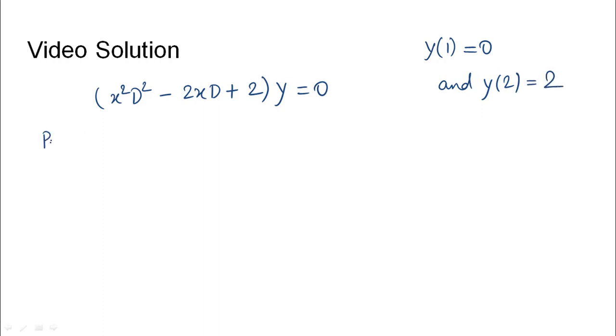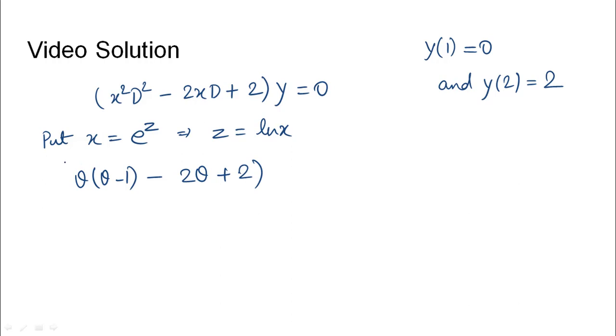So we use the substitution where we put x as e power z. This would ensure z is natural log of x. So x square d square can be substituted as theta into theta minus 1 minus, as we saw in the previous slide, xd would become theta, plus 2 times of y becomes 0.